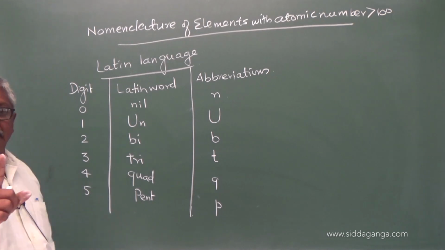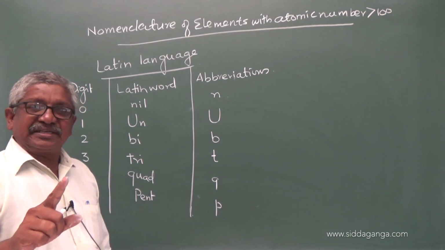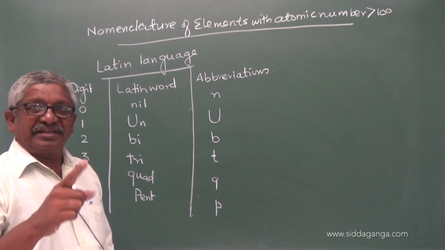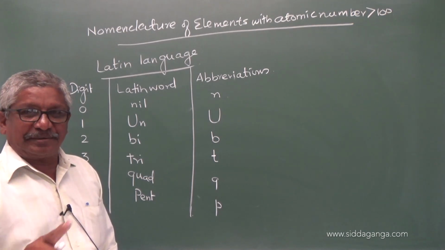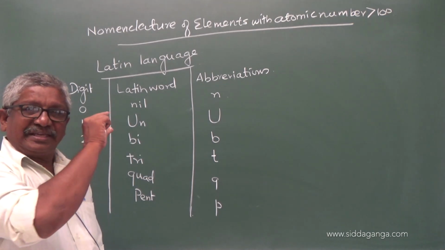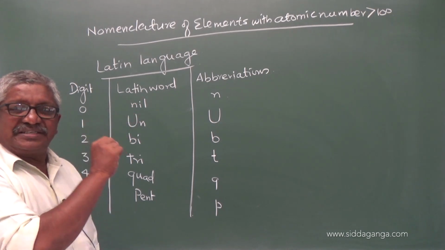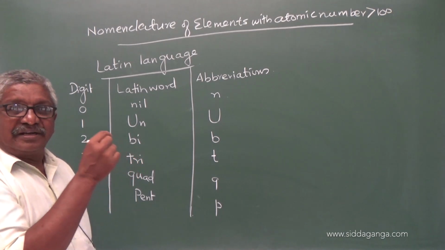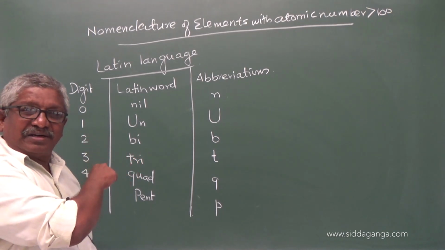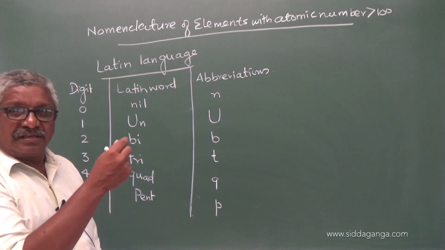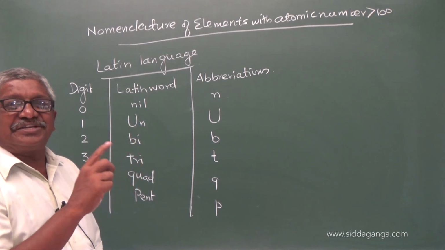Note it, every digit has its own Latin name. By seeing the atomic number, each digit is named according to the Latin word, then the last three letters IUM.